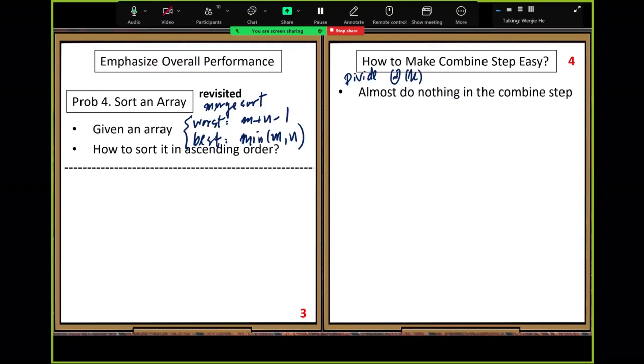When you put a lot of work in the divide step, you should get some good property in your data. That's your investment. After you make this much investment, you want your data with good property. Then it's worth the investment.